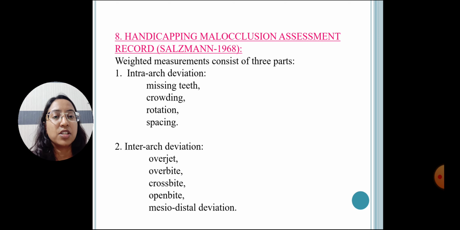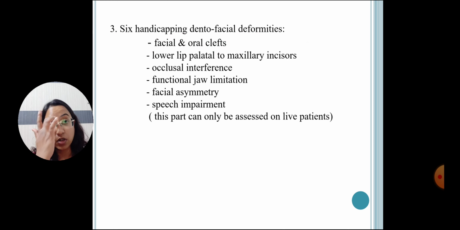In the inter-arch deviation, the overjet, overbite, crossbite, open bite, and mesiodistal deviations were quantified. And accordingly, six handicapping dentofacial deformities were seen: facial and oral clefts, lower lip palatal to maxillary incisors, occlusal interference, functional jaw limitation, facial asymmetry, and speech impairment. They were measured. So this could be assessed only on live patients.